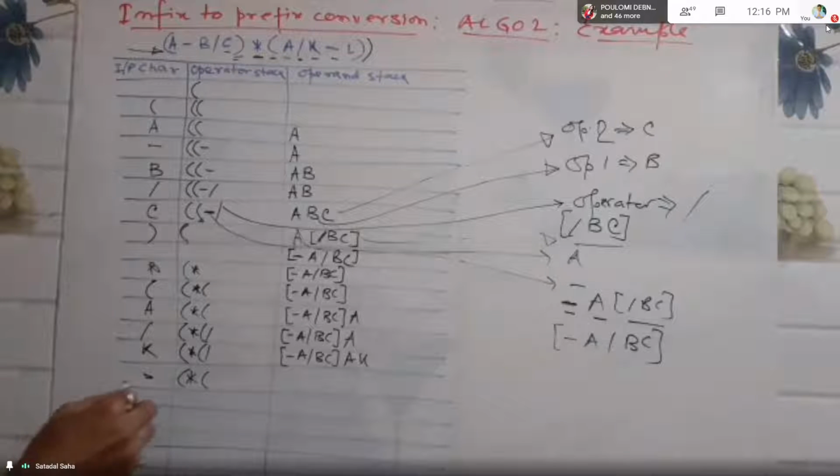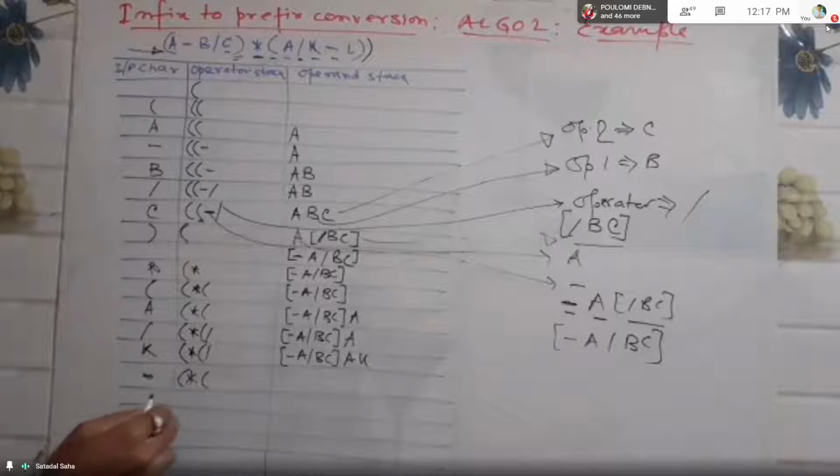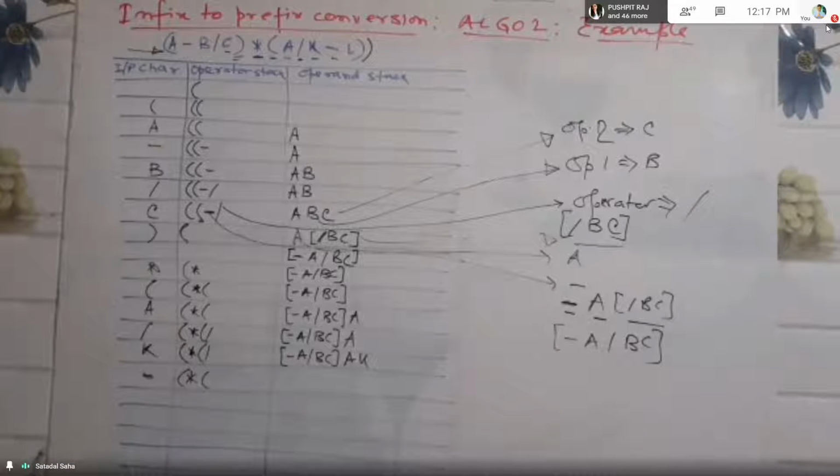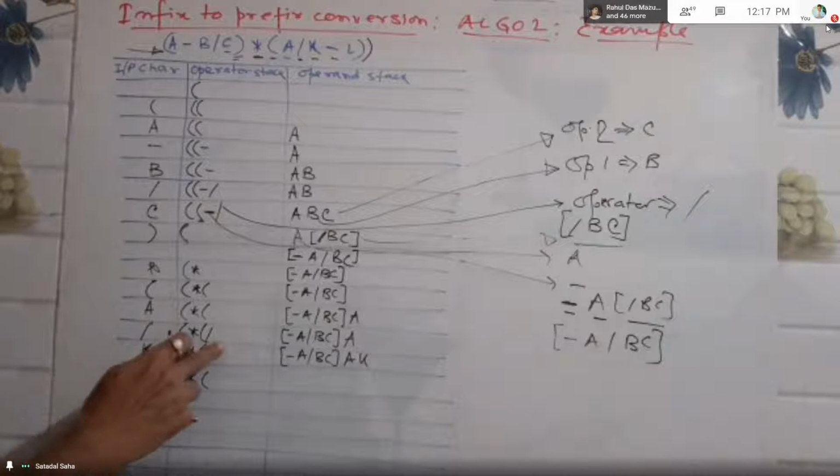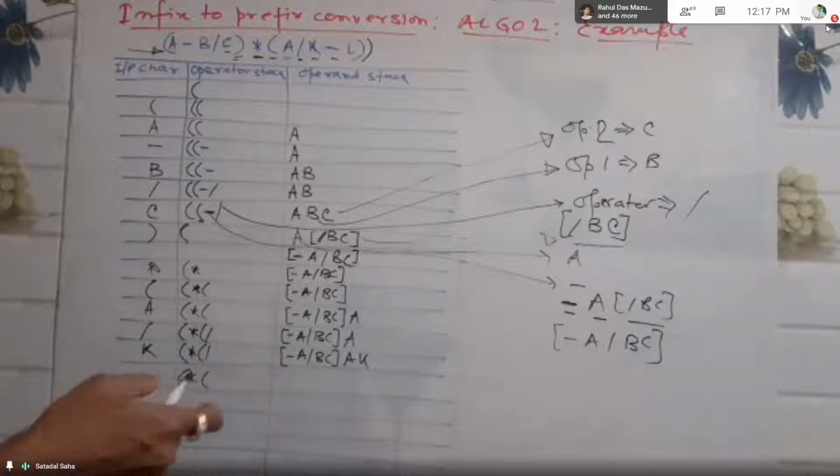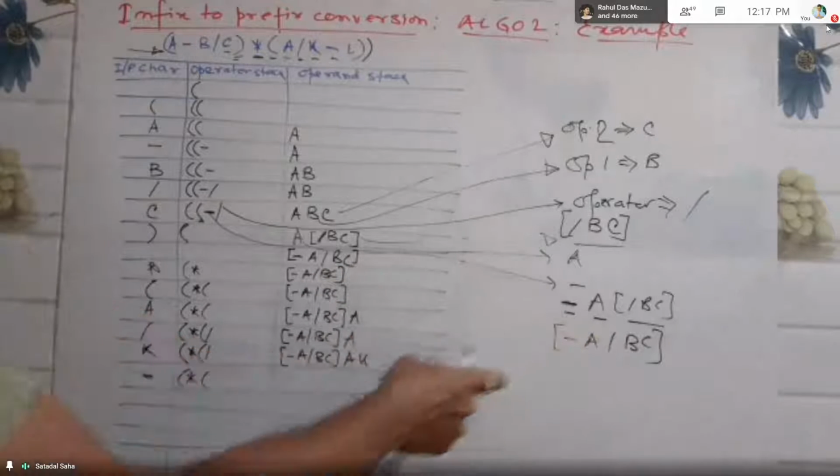So once you get a minus sign, you cannot push it over this division sign because minus is having lower precedence than division sign. So first you need to pop this division, and then you proceed like the previous step and push it into the operand stack.